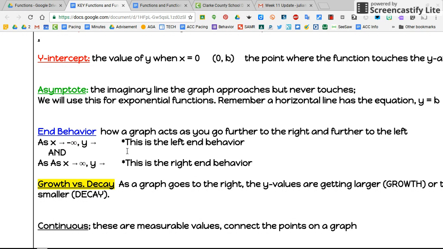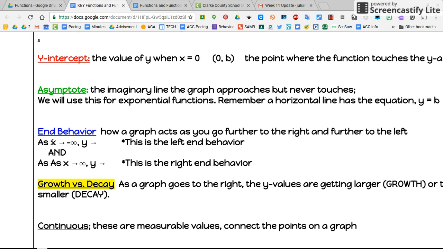If you're going to go to the left, you always start the end behavior as x approaches negative infinity, y approaches whatever that value is going to be, and we'll fill that in as we go along. For the right side or the right end behavior, it's going to be as x approaches infinity, y approaches something.